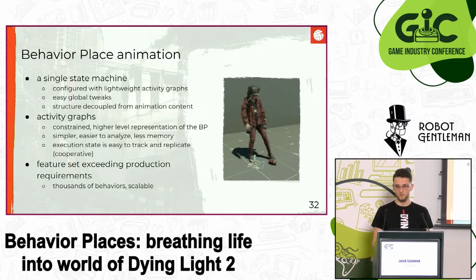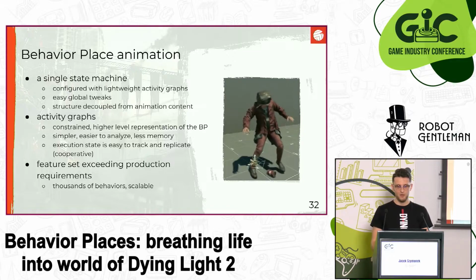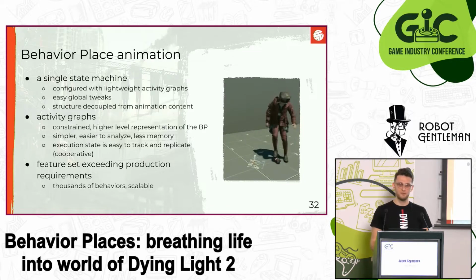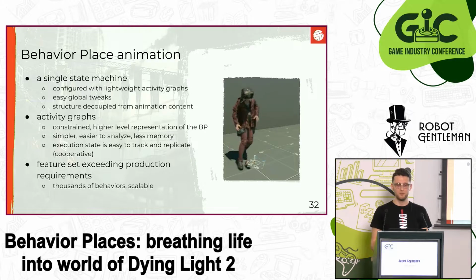Remember that we also have to work in co-op. We also managed to decouple the behavior structure from the actual content, which made it easier to collaborate and create new assets. During the production, we've created thousands of activity graphs, which gave us the variety and the scalability that we were looking for.